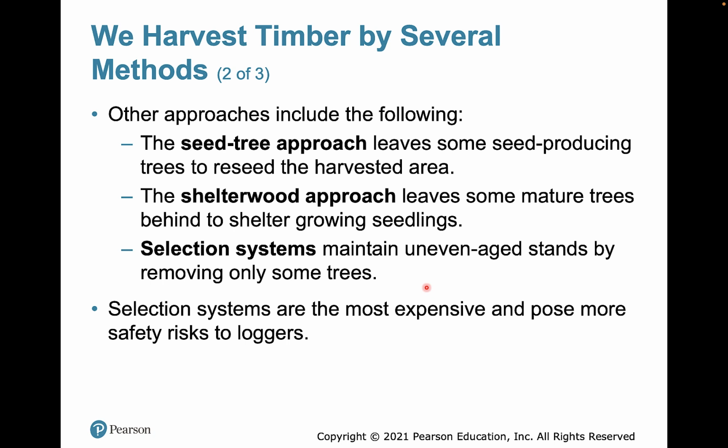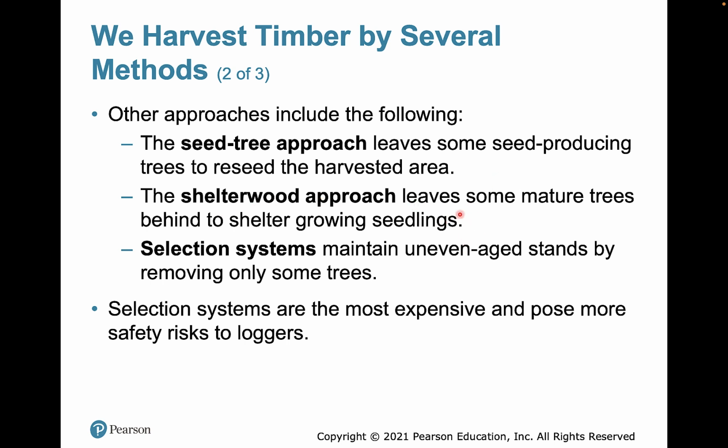Some other ways you could do, they're more selective, right? The seed tree approach is you can leave some seed producing trees to harvest, to reseed the harvested area. So you leave some trees, but then you cut some trees, and then the trees that are left can provide seeds.